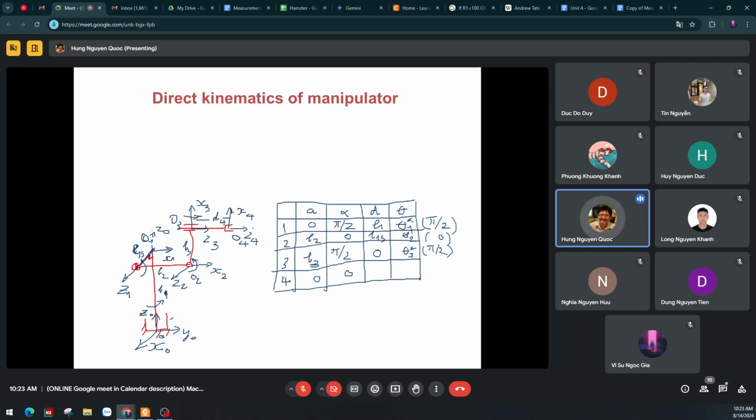So Z3 here, O3 here, O4 here, so it should be D4. And you remember I mentioned for the sliding joint, this is always the variable. And theta 4 is the angle between Z3 and Z4, and they are coincident and always 0 because this is a slide, moving slide, and they are always the same. Okay, so that's it all.